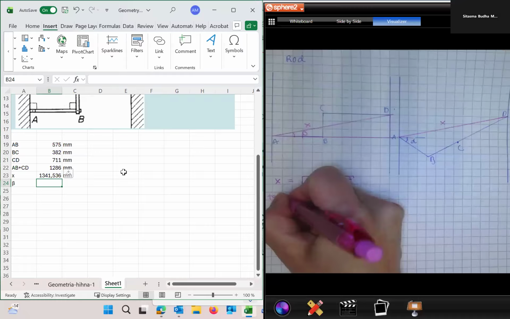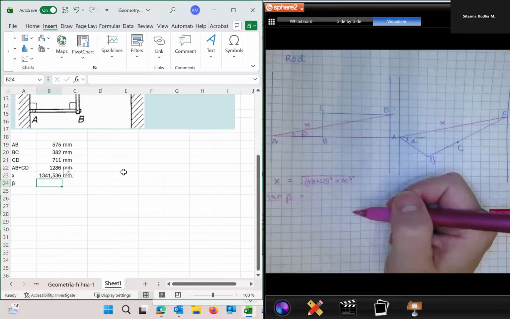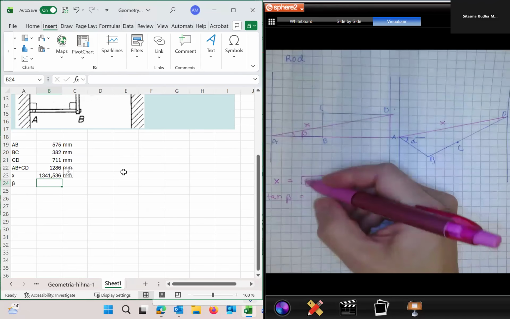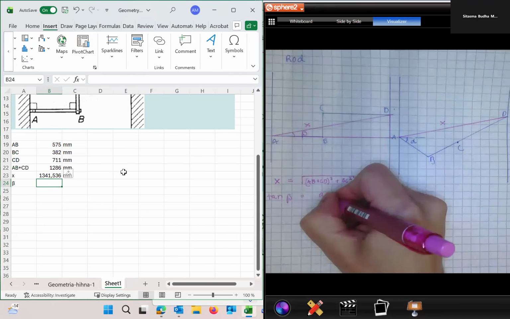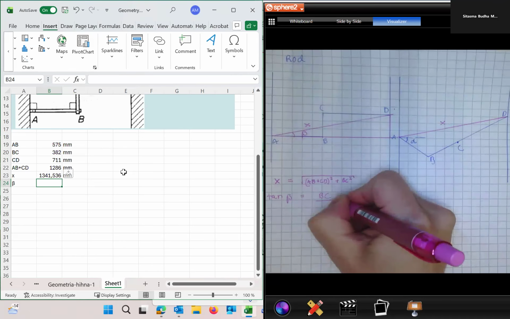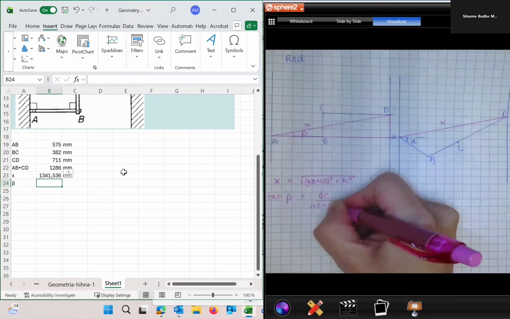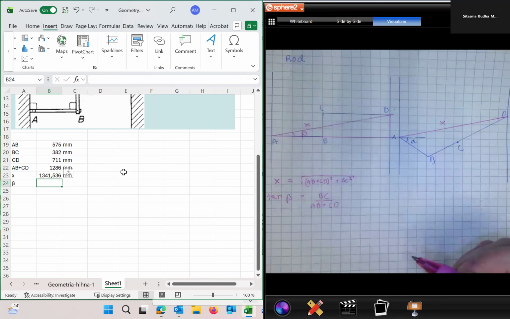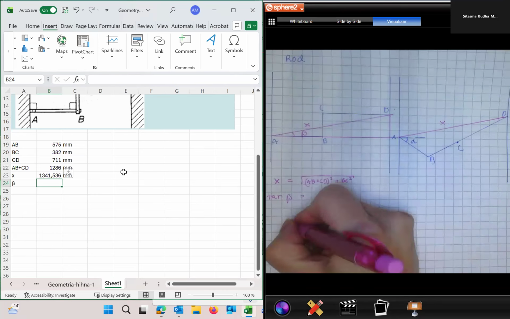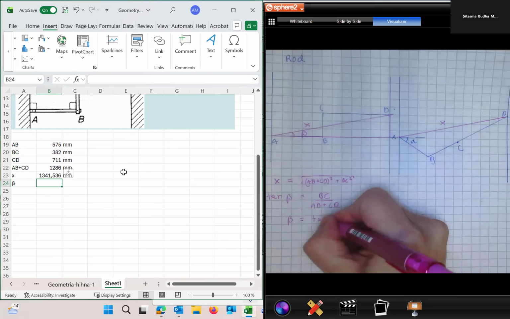Tan beta is BC divided by AB plus CD, from where beta is the arctan.